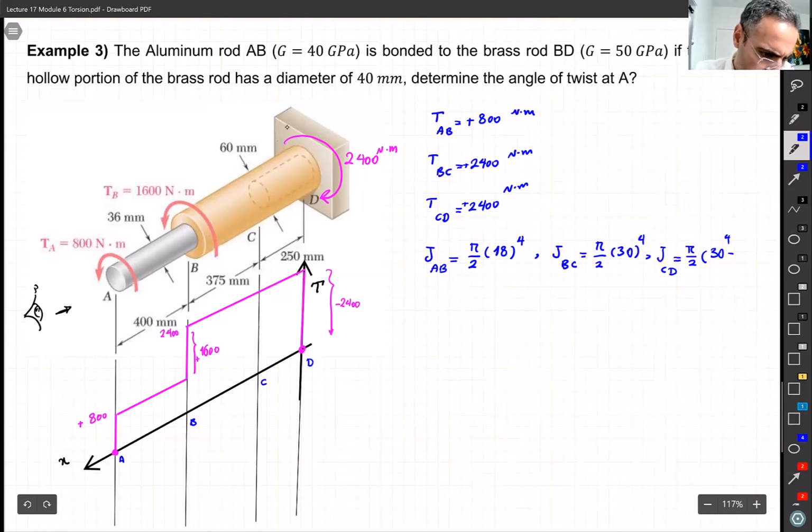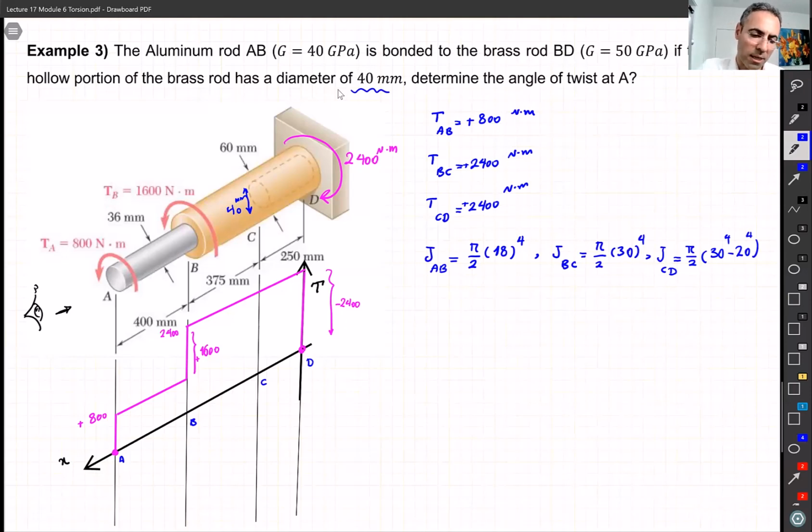So the question probably forget to tell us the radius. Oh no, it says 40. So it is 20. So the inside radius here, guys, is diameter is 40 millimeters. It is in the question. So this is J, right?